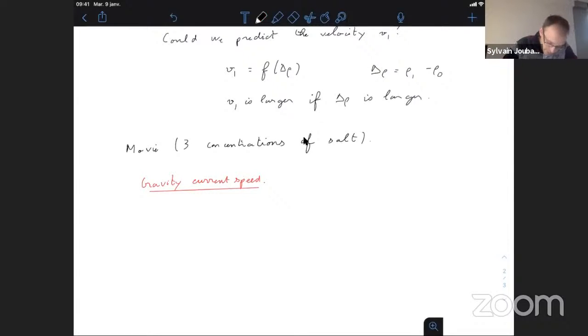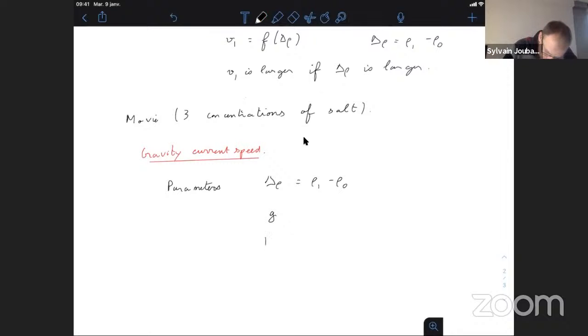So in this problem, we have four parameters. Delta rho, which is rho 1 minus rho 0. You have the gravity, which means that the denser is going below, and you have the height h of the system. You have some other lengths, but the one that matters is h.